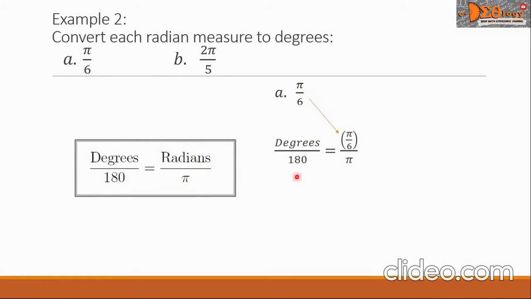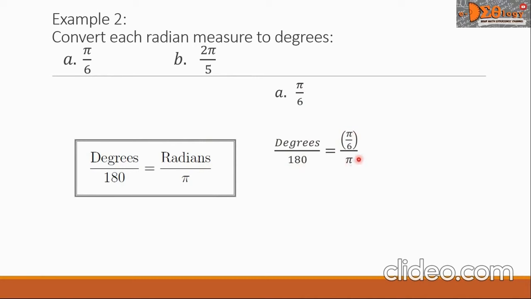So we have now degrees over 180 equals that value pi over 6 all over pi. On the right hand side, we have a complex fraction. We have a fraction in the numerator and the whole number pi in the denominator. Let us simplify this complex fraction.